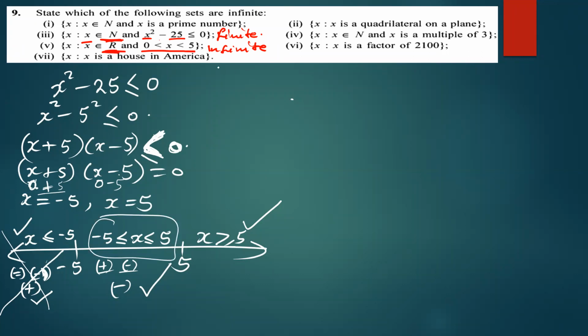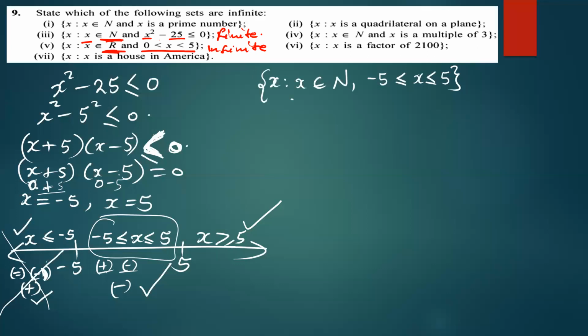So now, the other way you can write this question that we've been given is that x is a member of the natural numbers, with -5 less than or equal to x, which is less than or equal to 5.